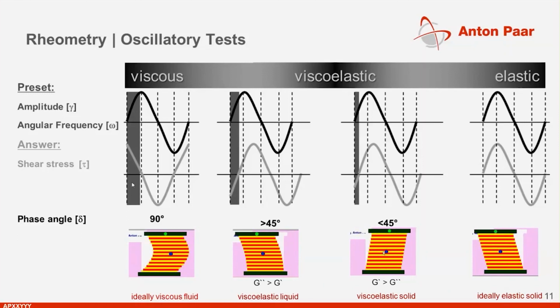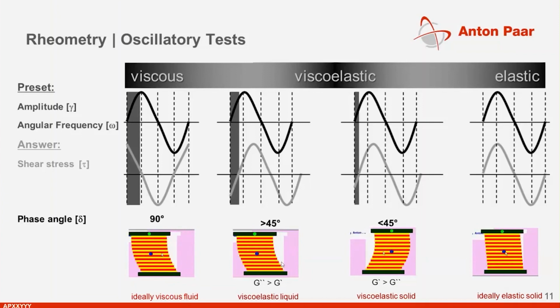If the phase angle is 90 degrees, the sample is an ideal viscous liquid, like we can see it on the left hand. If the phase angle is 0 degrees, like we can see it on the right hand, the sample answer is in line with the preset value, and we are having an ideal elastic solid. In between, we can find again our viscoelastic liquids.